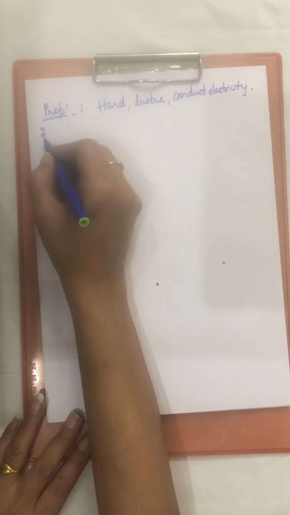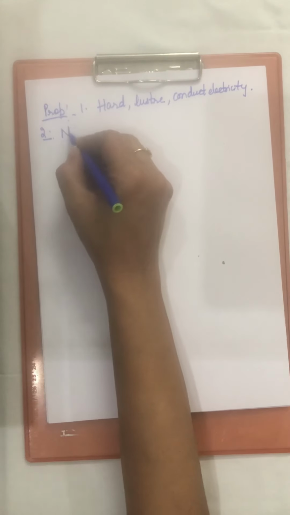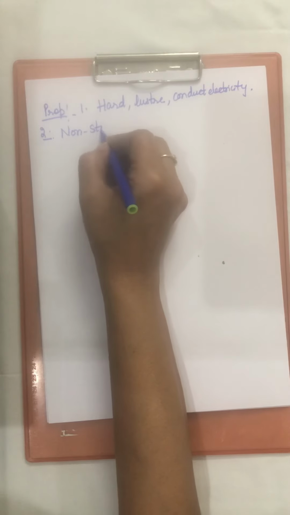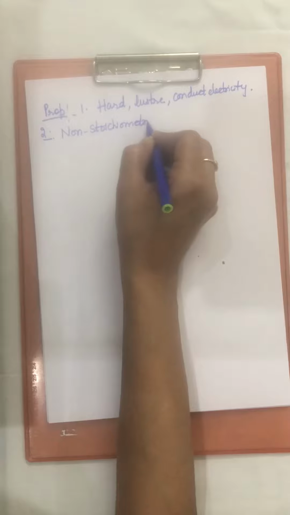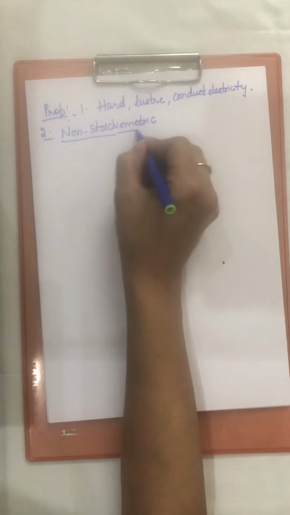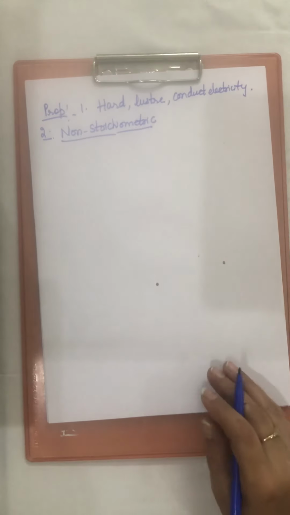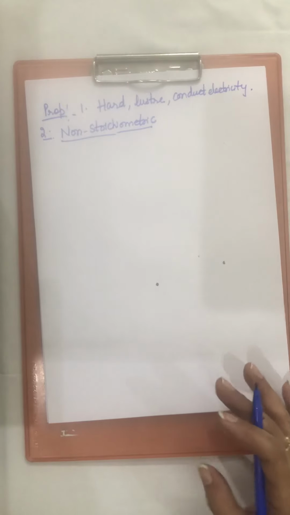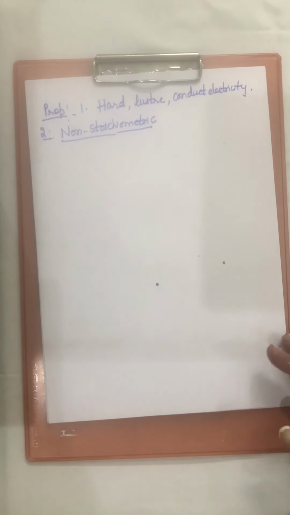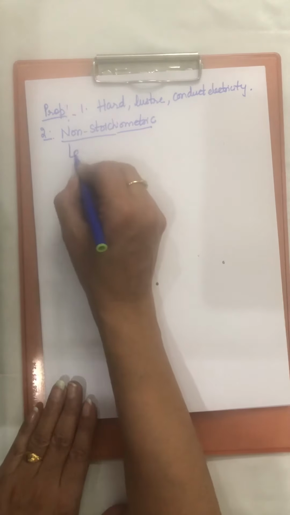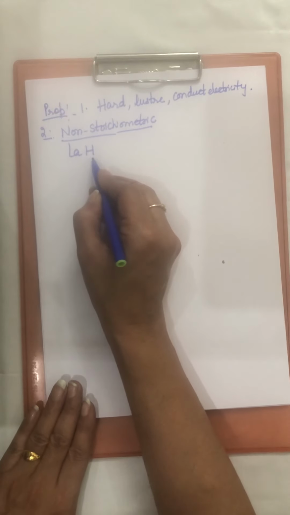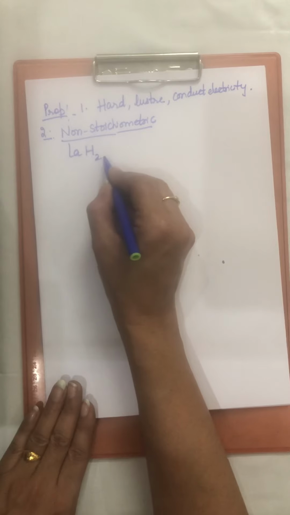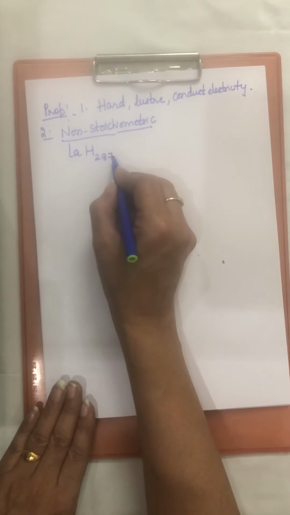Second property, they are non-stoichiometric. Just now I explained this part. These hydrides do not obey the law of constant composition. The formula here does not have the atoms of metal and hydrogen in whole numbers. We have hydrogen as fractional.